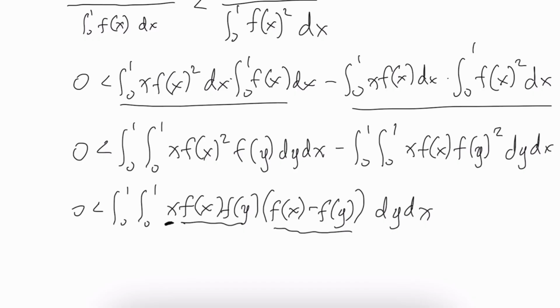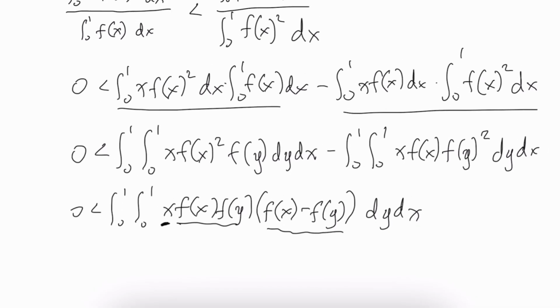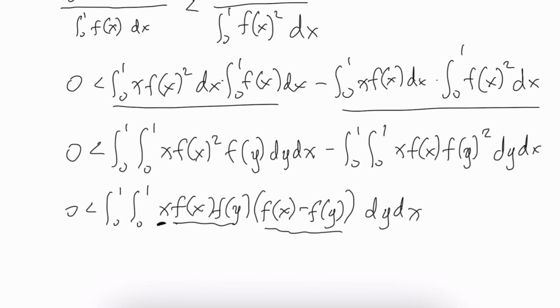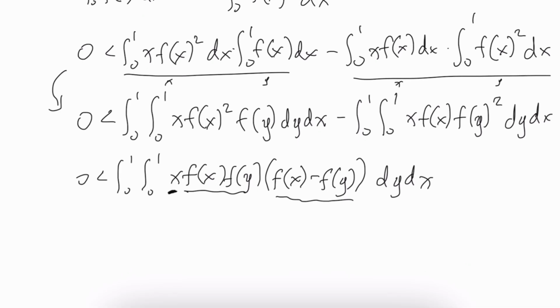When we got from here to here, we made the first term x and the second term y for both of them. But if we make the first term y and the second term x, we get exactly what we're looking for.